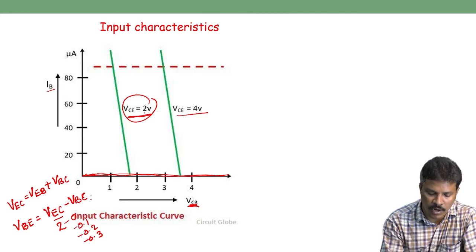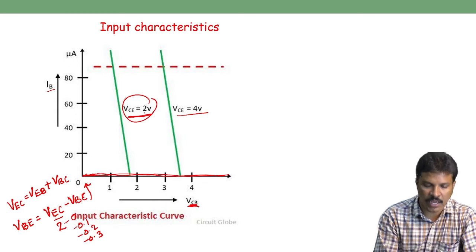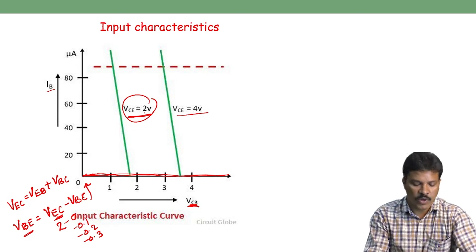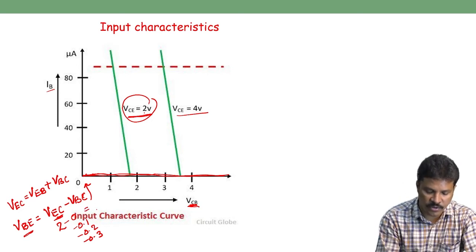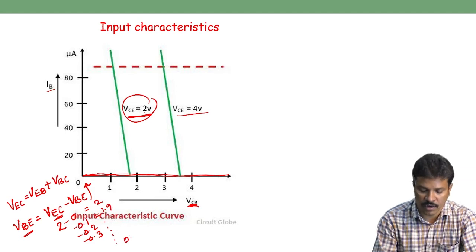When we keep on increasing the base to collector voltage while keeping VEC constant, the resultant VBE gets reduced, changing from 2 to 1.9, 1.8, 1.7, and so on down to 0.5 and 0.